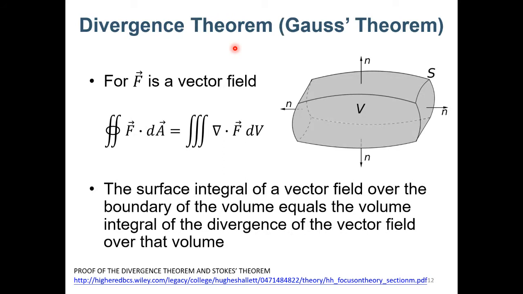I'll not show the proof of these two theorems here because it is very lengthy. You can check it in this link. It's something like seven pages of math to prove these two theorems. But I'm just here to tell you what is the physical meaning of these two theorems.